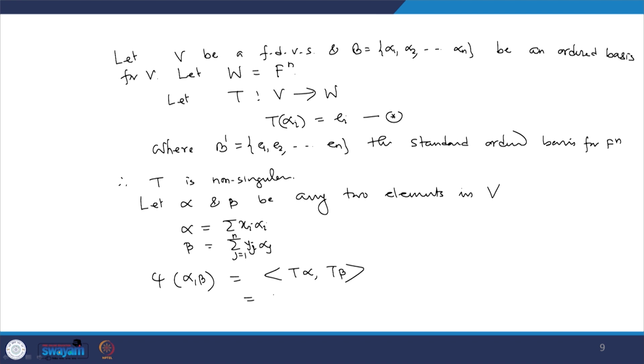T alpha is equal to T of sigma xi alpha i, and T beta is T of sigma yj alpha j.